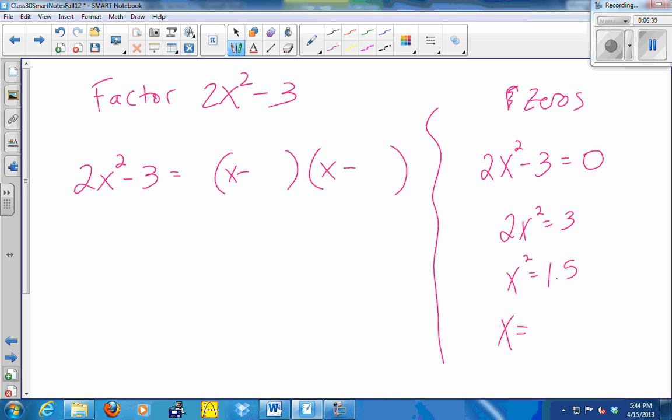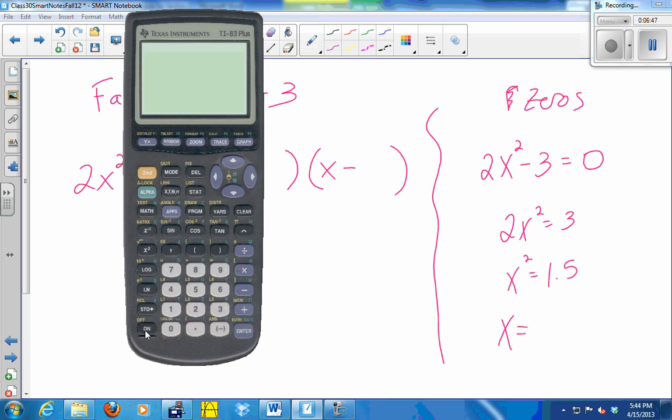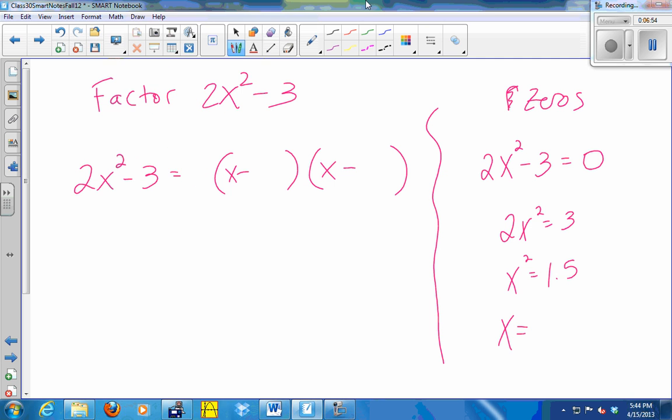Square root of 1.5, I don't know. 1.23? Okay. Plus or minus 1.23. Right? Square root both sides, you gotta do plus or minus. So I have two zeros, positive 1.23 and negative 1.23.